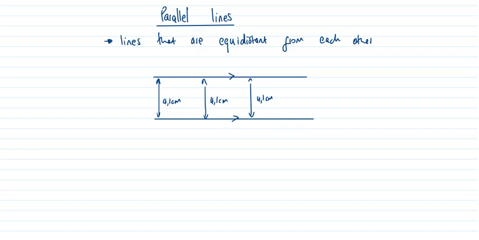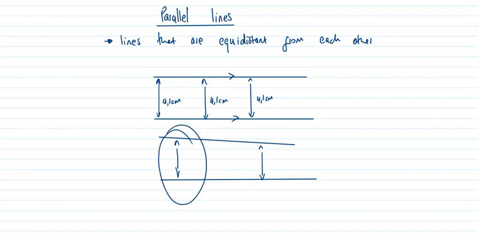Because how do lines meet? Lines are going to meet if the distance between them is not the same. For example, if I measure the distance here, it seems to be quite larger compared to the distance here. The fact that the distances are not the same means the lines are not parallel.